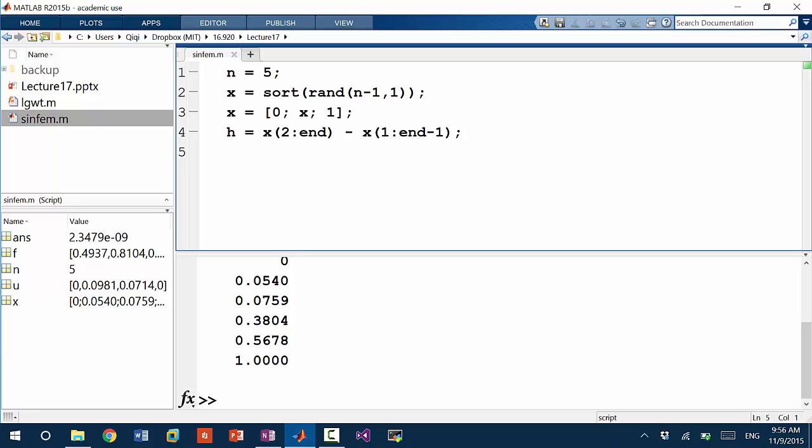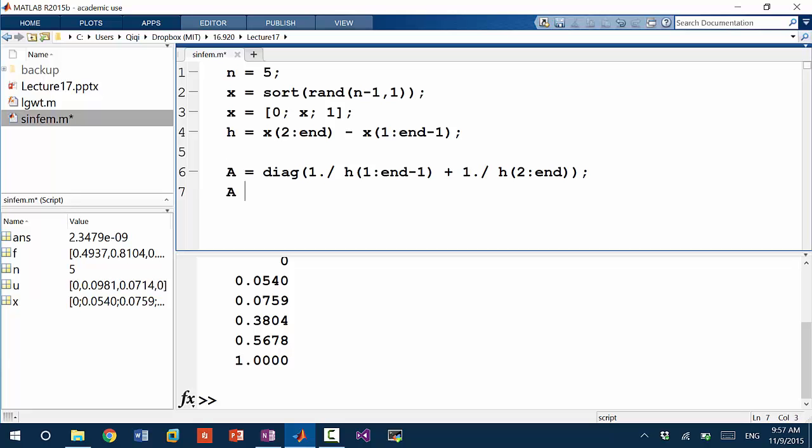Let me define my h to be x2 to n minus x1 to n minus 1. So that's my intervals. And let's build our matrix A. The diagonal part of the matrix A is 1 divided by h, 1 to n minus 1, plus 1 divided by h, 2 to n, element-wise divide. So that's our derivation of the diagonal part of the matrix.